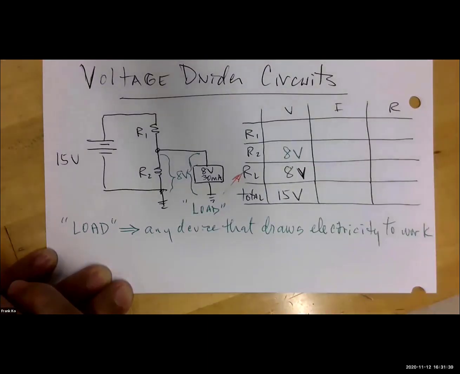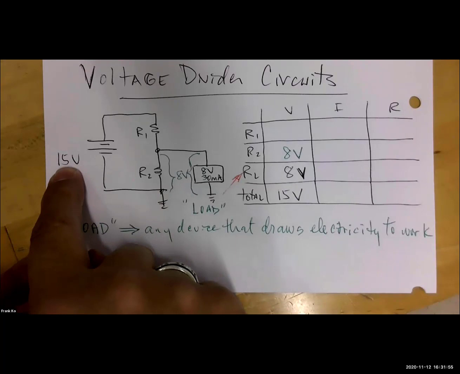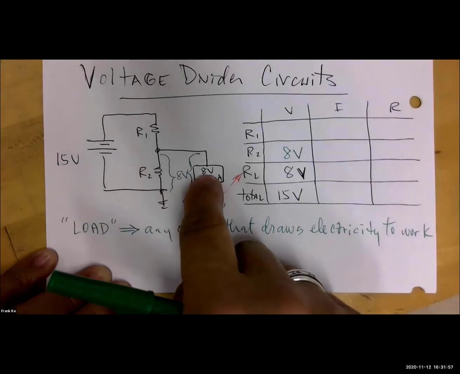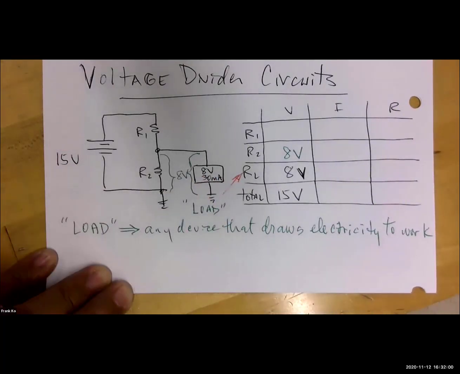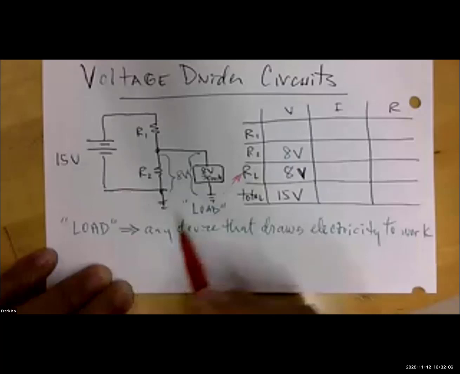So far, so good. Now, Brad, back to you. What would you do next? Is there any other piece of information we can put in here? We already put that on the table. What else? The current. Okay, the current of 30 milliamps.